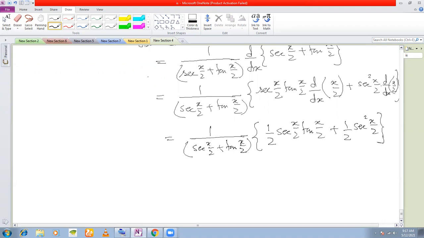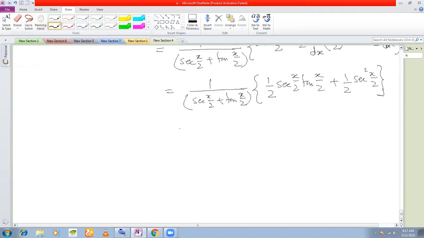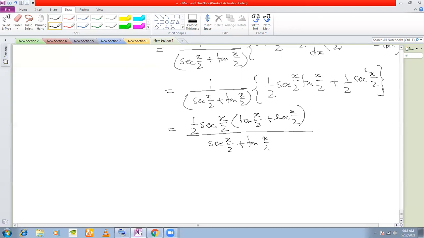So now what you can do here is you can take half sec x by 2 common. What are you left with? Tan x by 2 plus sec x by 2. Isn't it? And in the denominator you have sec x by 2 plus tan x by 2. So what happens? It cancels. You simply get half sec x by 2. Clear this problem?